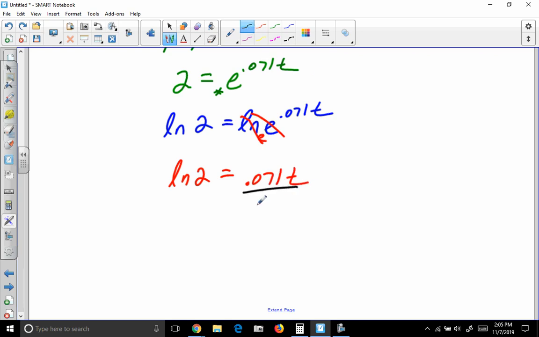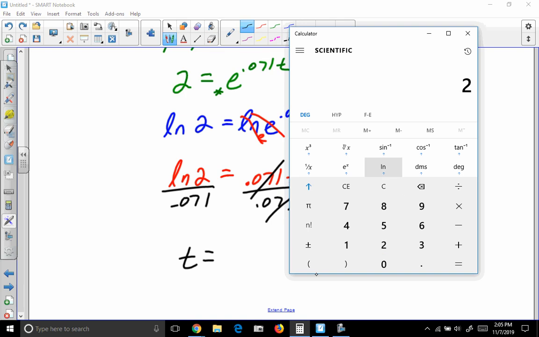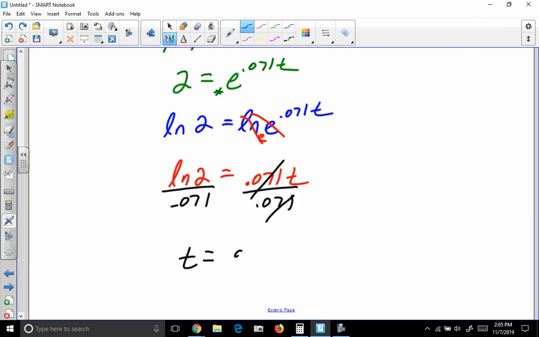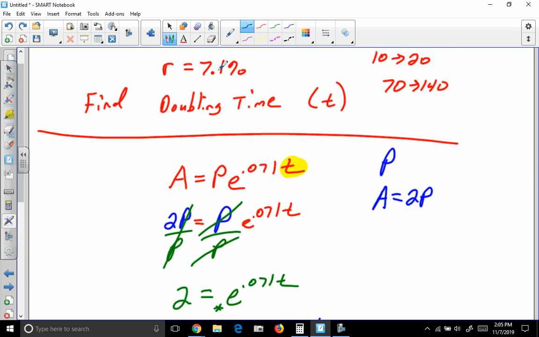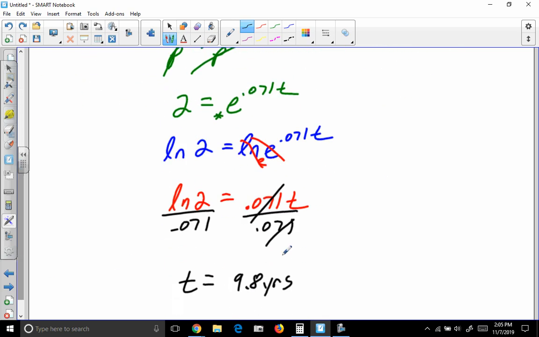And then to get t by itself, we divide both sides. So t is whatever we get when we take natural log of 2 and divide by 0.071. So about 9.8 years. So if our growth rate is 7.1%, the amount of time it would take for us to double would be 9.8 years.